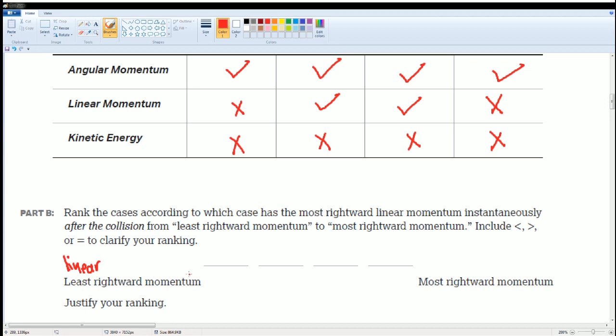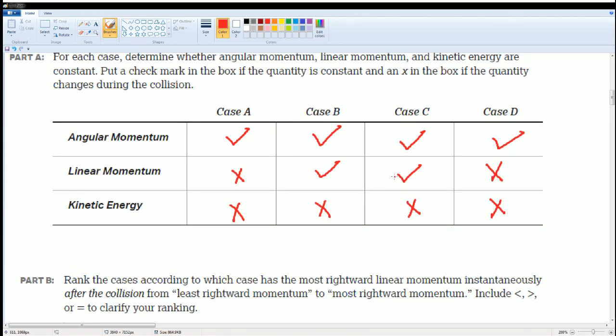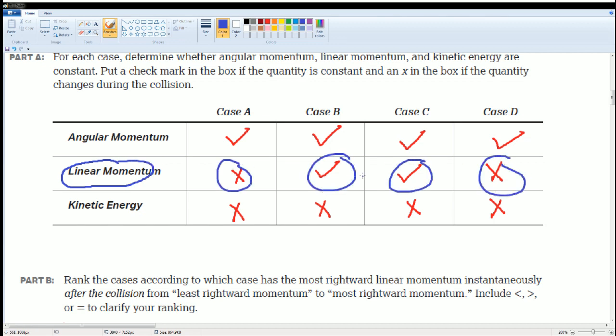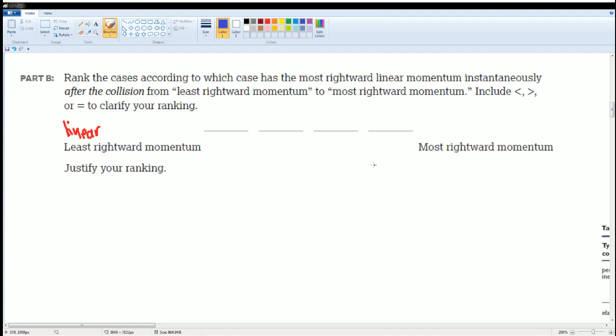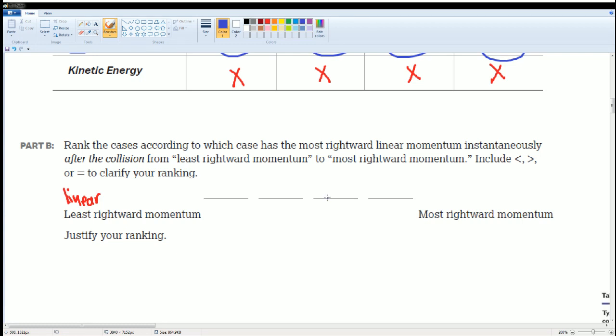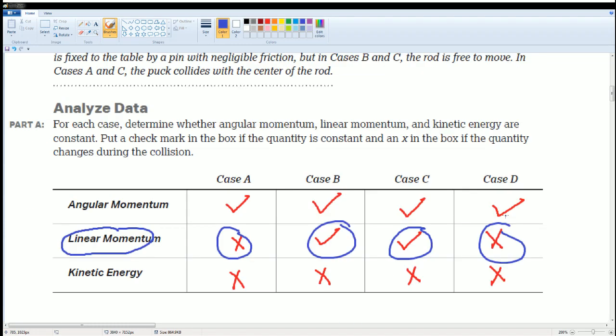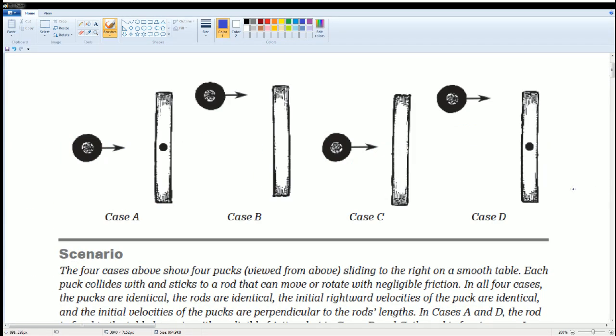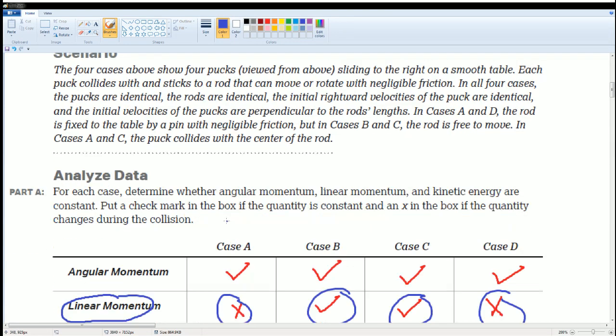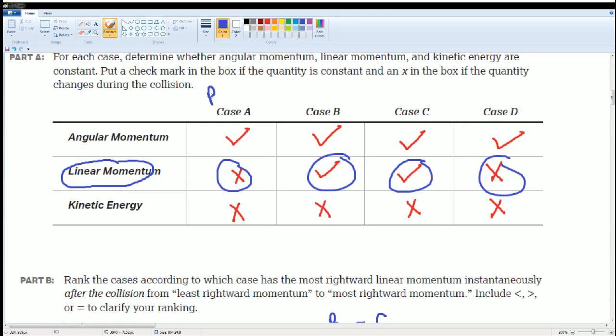So the least here is what? It's either A or D. And we know that the greatest is either B and C, because take a look. For linear, it's either this, this, this or this, so these two are out. B and C are the most rightward ones. So we can just write B and C, and they're the same. A and D are both the ones that are pinned down.